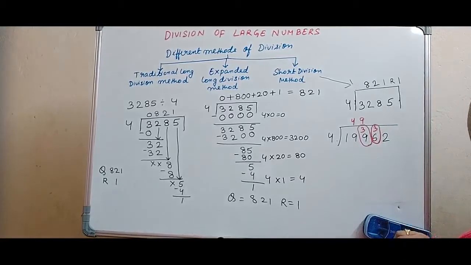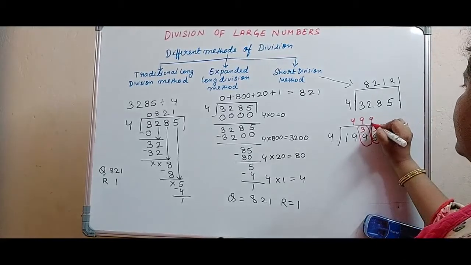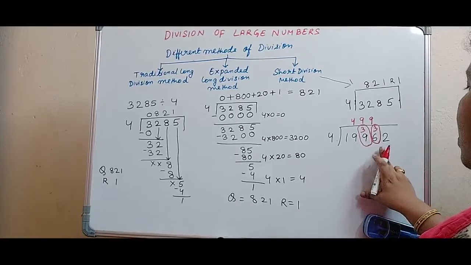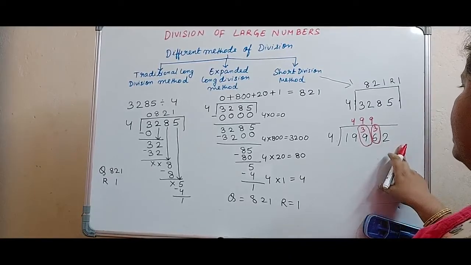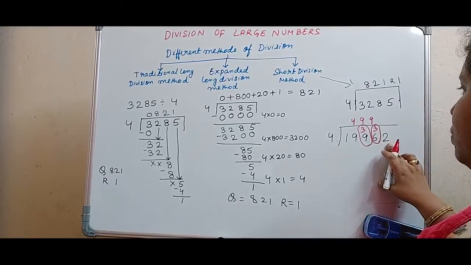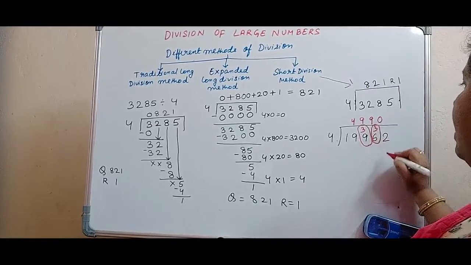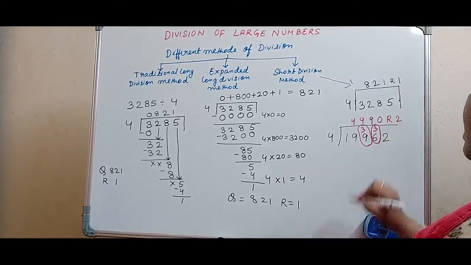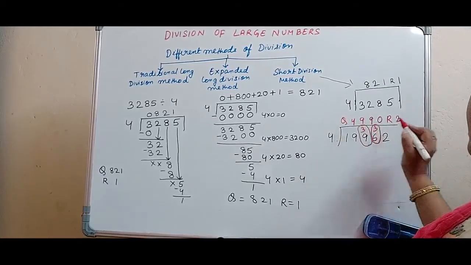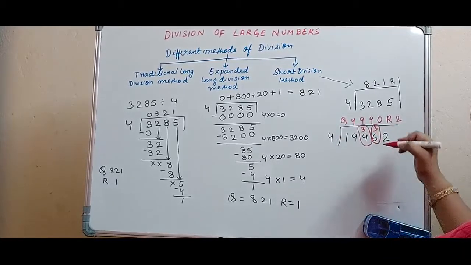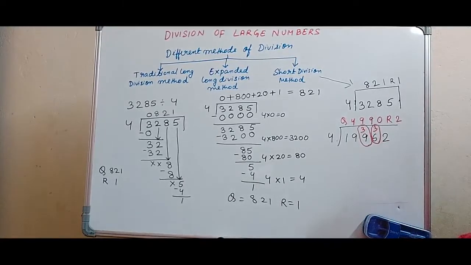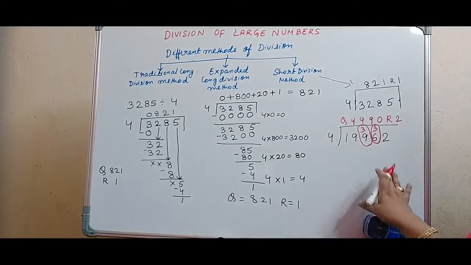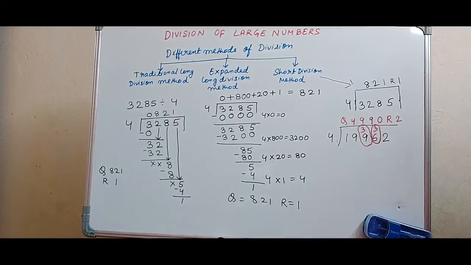Now this will also go with 9. 4 9s are 36, and you got 0, so nothing is carried to the next place. But since the last digit is 2, 4 zeros are 0 will come, and we get a remainder, that is 2 over here. So the quotient is 4990 and we got the remainder as 2. This is how we do the short division method.